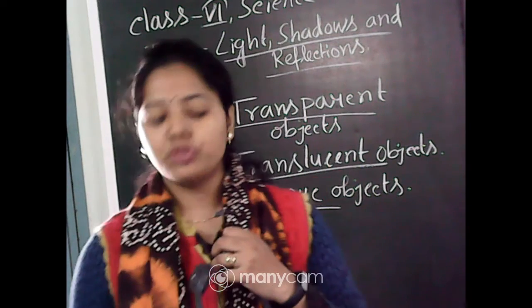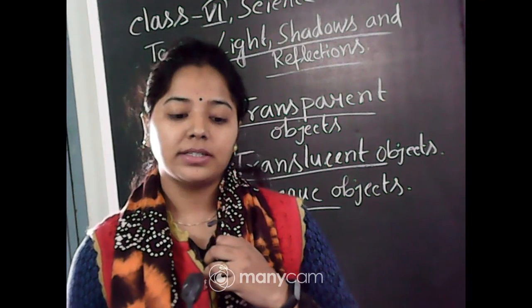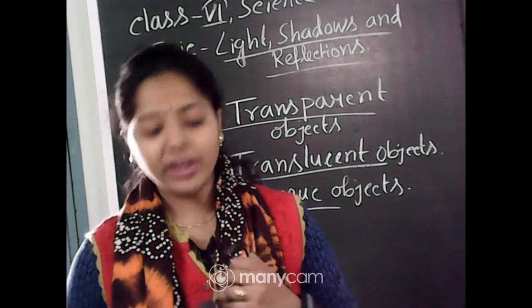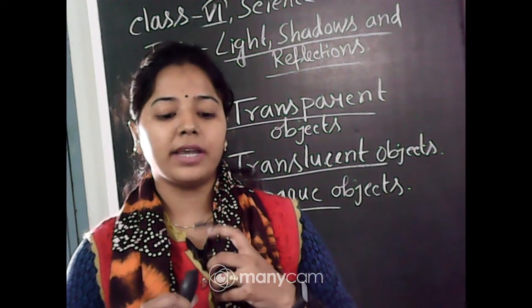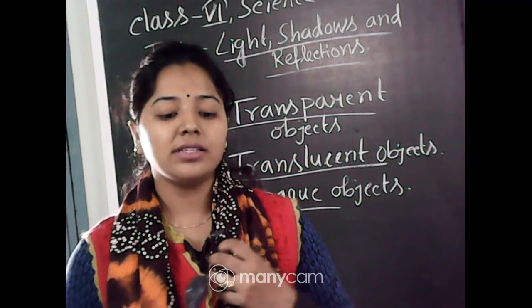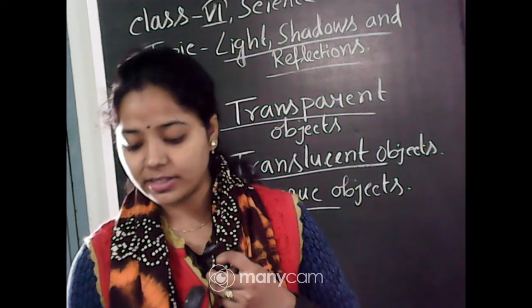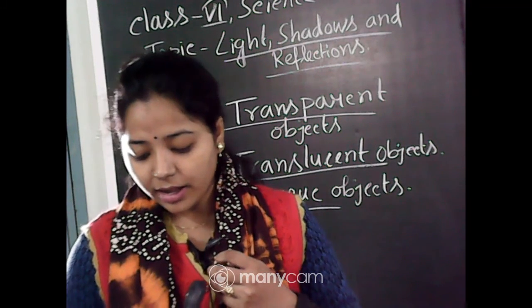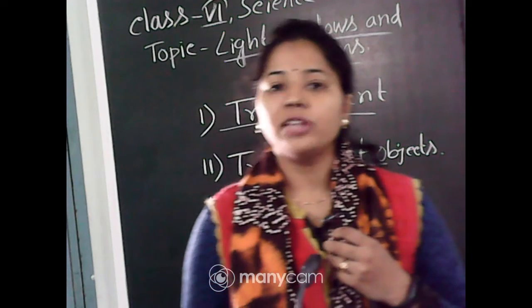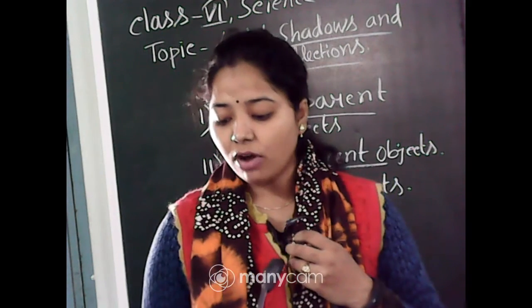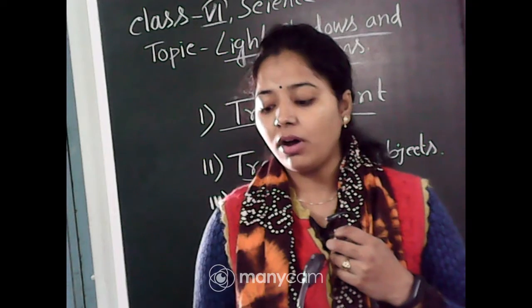Now comes to opaque object. When light passes through an object, how does an opaque object react? Means if we cannot see through an object at all, it is an opaque object.